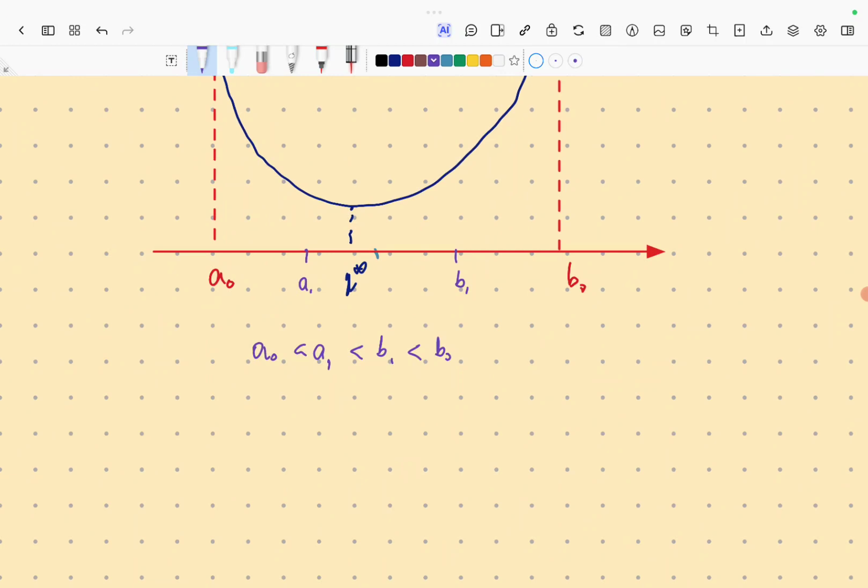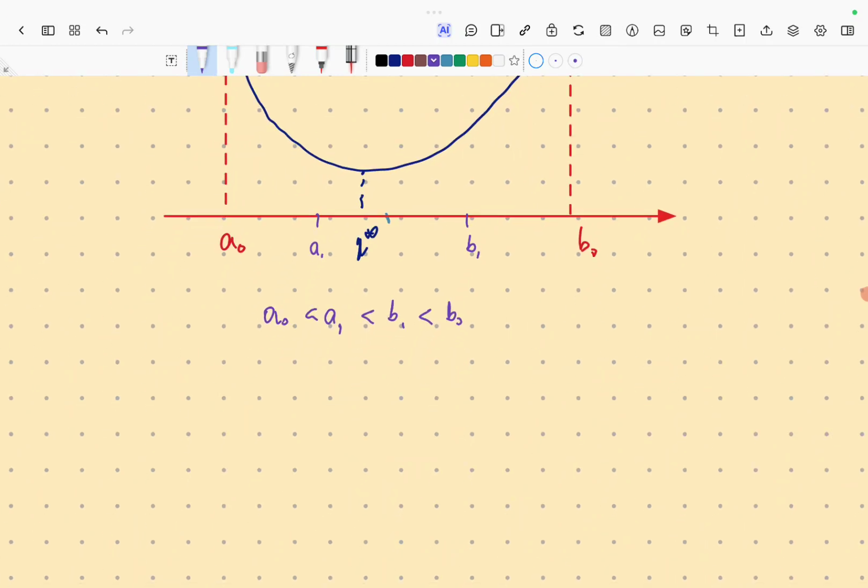And maybe I ask for something more. At each step, I want to reduce my search space by at least some fraction.